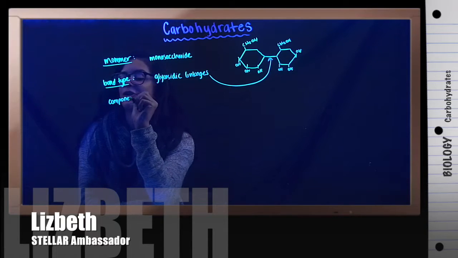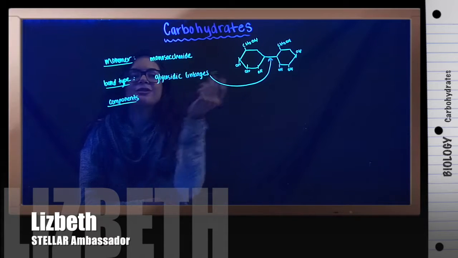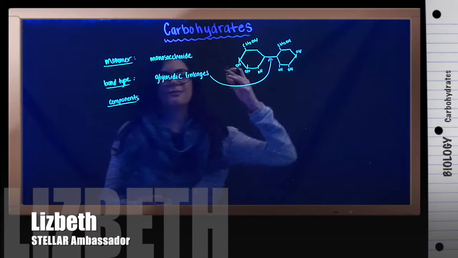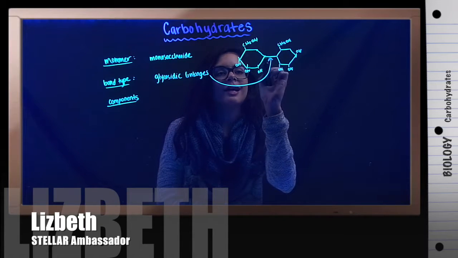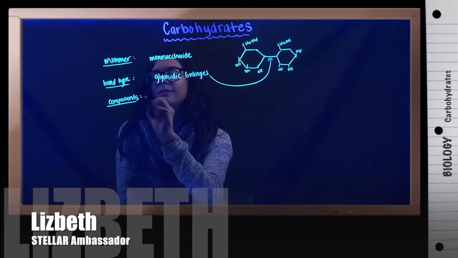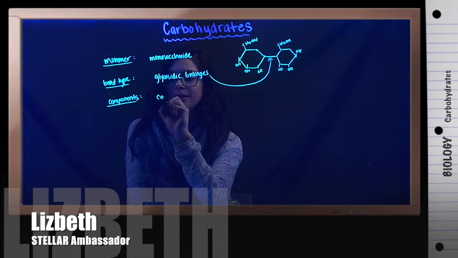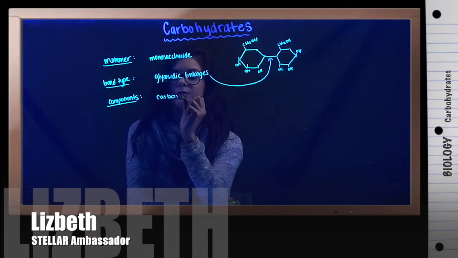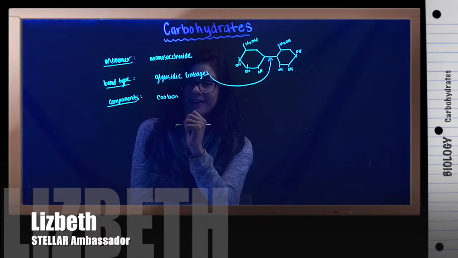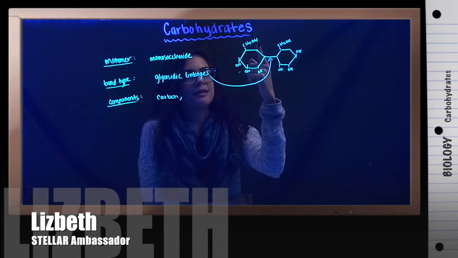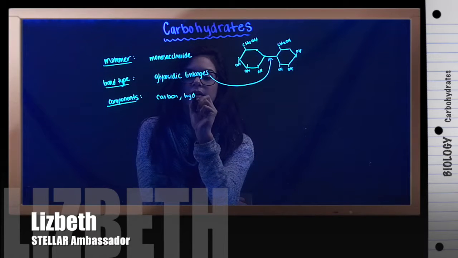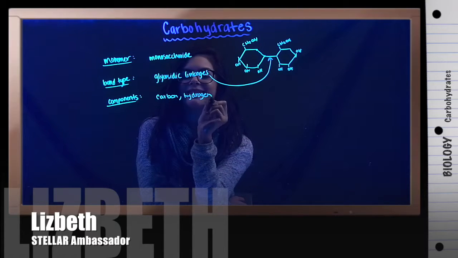So what exactly are sugars made up of, right? I drew these hexagon-looking things, but what are they, right? And each little corner here, you actually have a carbon. So one of the main components of sugars is carbon, which is why we dedicate a whole chapter in biology to carbon, right? So we have carbon, we have hydrogens, as you can see here. Usually these two go hand in hand.